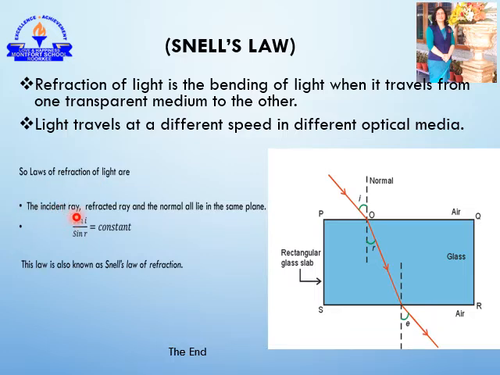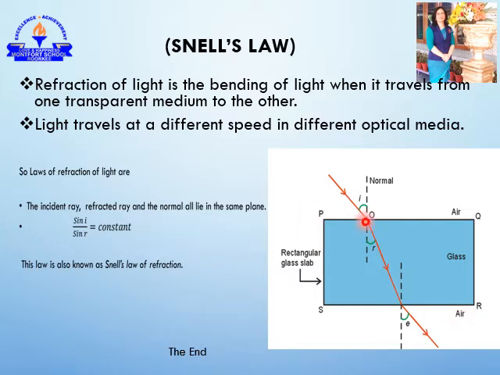The first law is that the incident ray, refracted ray and normal all lie in the same plane. This can be understood with the help of the example given here. We have a glass slab, PQRS. The upper part of the glass slab is air, the second medium is glass, and the third medium is again air.